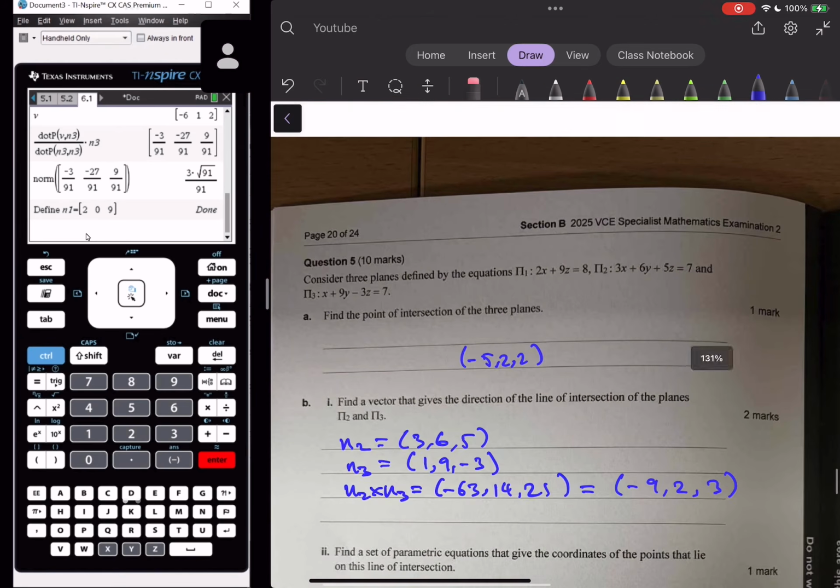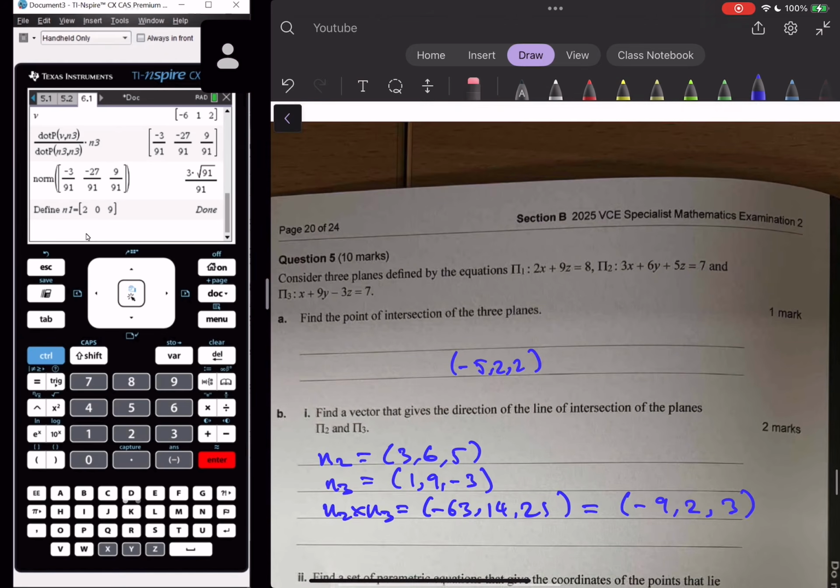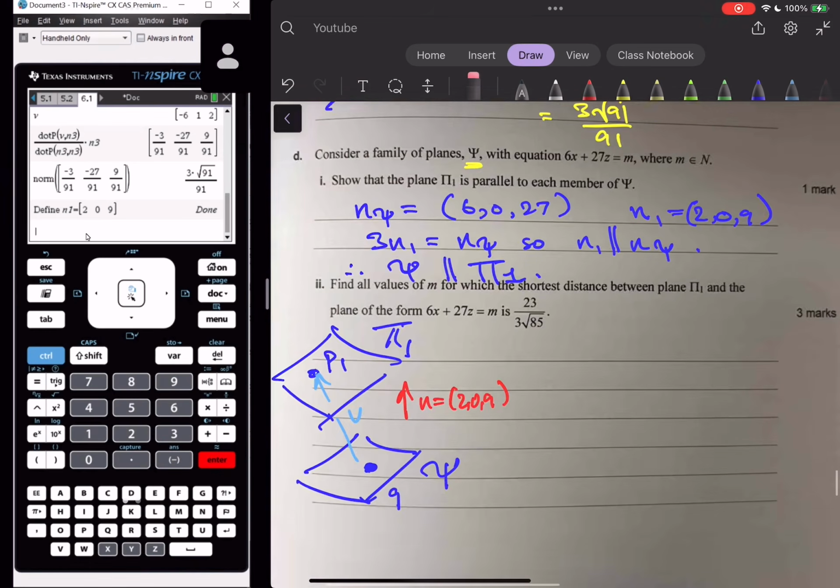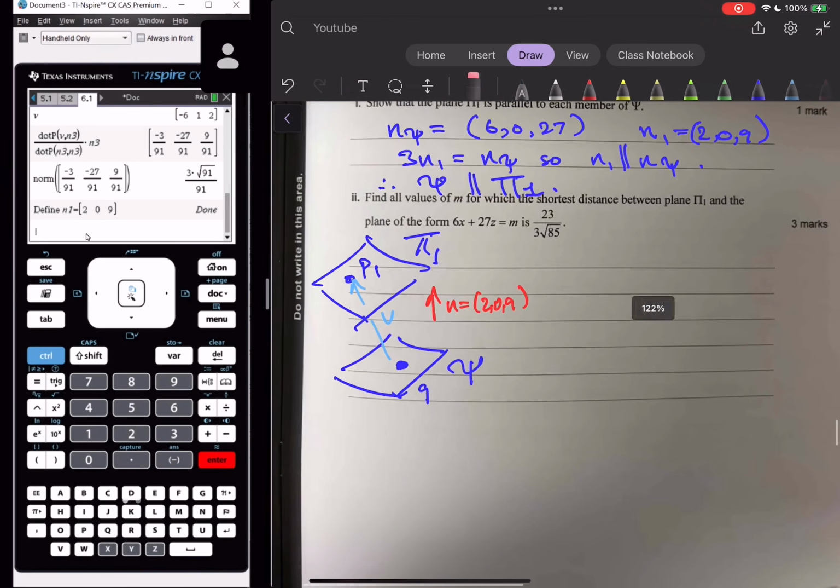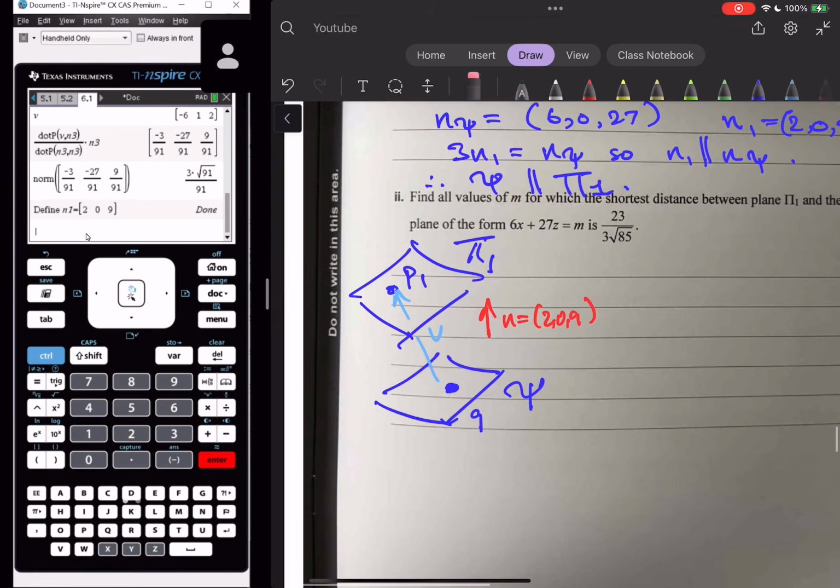Well, I look at pi1, y is free to vary. So let's choose z equals 0. Then x equals 4. So we have 4, 0, 0, because y is free to vary. So p1 is 4, 0, 0. And let's choose q.